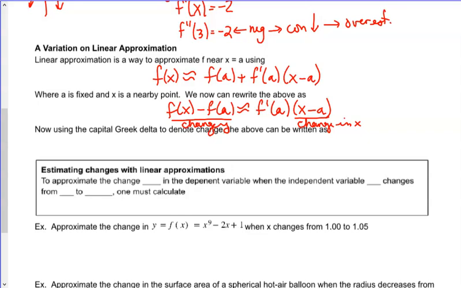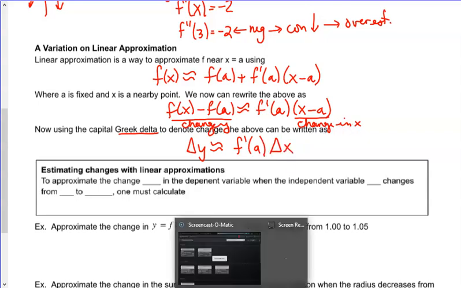Now, in math, a lot of times we will use a symbol, a Greek delta, to denote change in something, and in science they use it quite a bit. So in this case, if I have a change in y, I'm going to write that triangle y to represent the change in y is approximately the same as this derivative f prime of a times the change in x, which I could recognize as delta x or the triangle x.